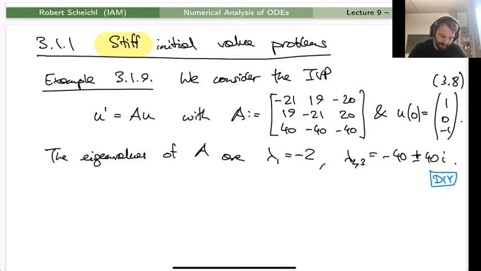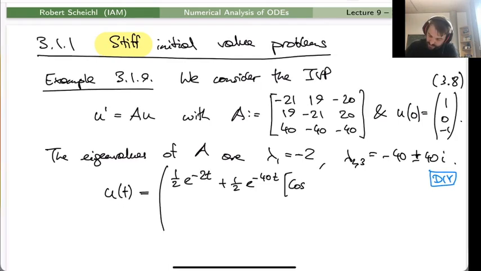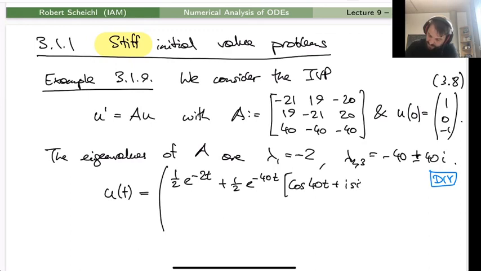And therefore the solution, again using the formula I gave you already for example 1, is a half e to the minus 2t, this comes from the lambda 1, plus a half e to the minus 40t, that's the second and the third eigenvalue, the real part, and then we have cosine 40t plus i times sine 40t.